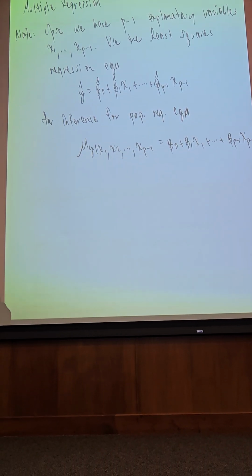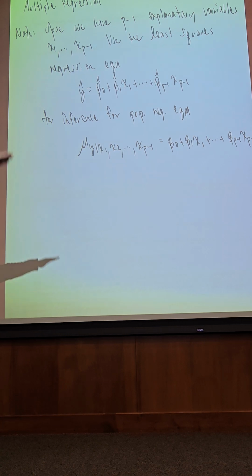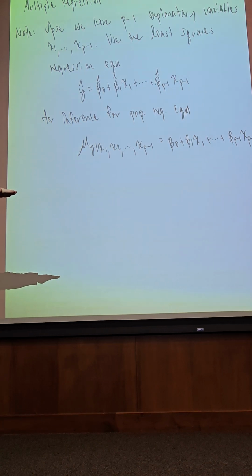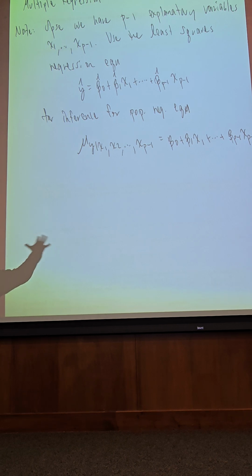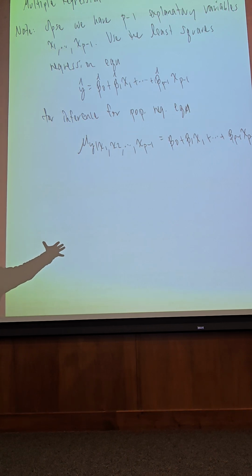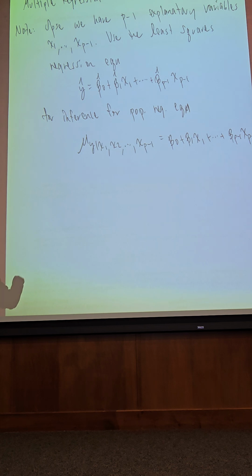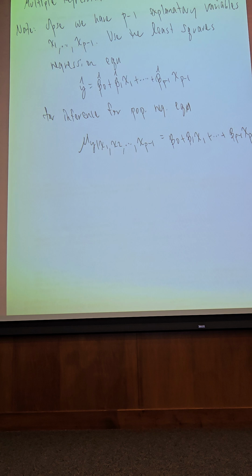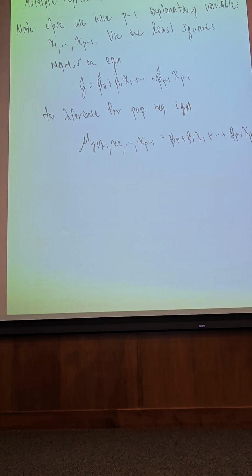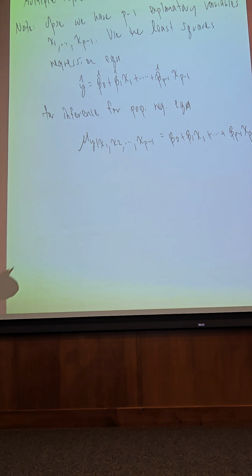Well, now you have x1, you have x2, y is going vertical, and you have essentially a cloud of points, and you're not fitting a line through the cloud of points, you are fitting a plane through the cloud of points. So if you have two explanatory variables, you're really working in three-dimensional space and you're fitting a plane through the middle of the points.